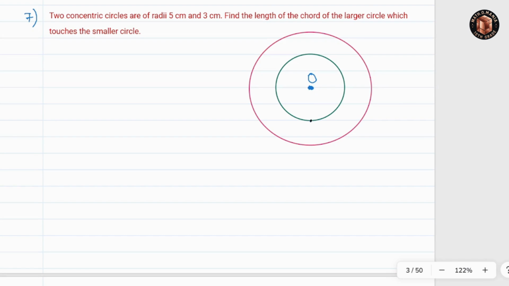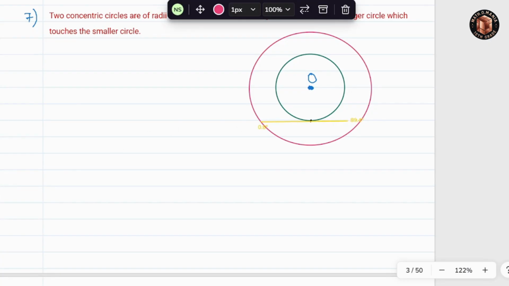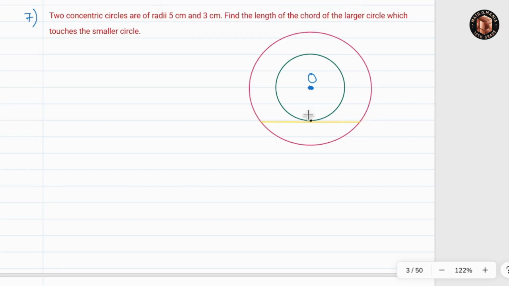Okay, so here they are telling that we have to draw a chord for the larger circle in such a way that that chord should touch the smaller circle too.